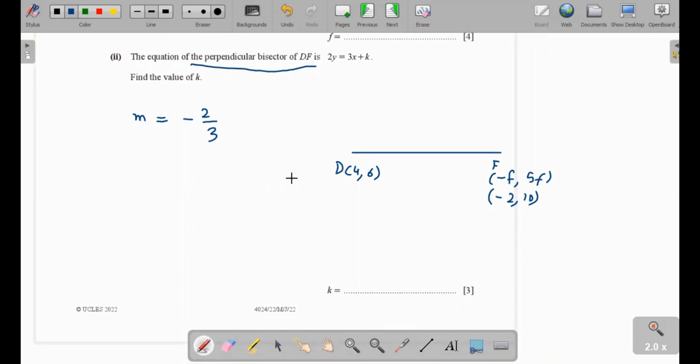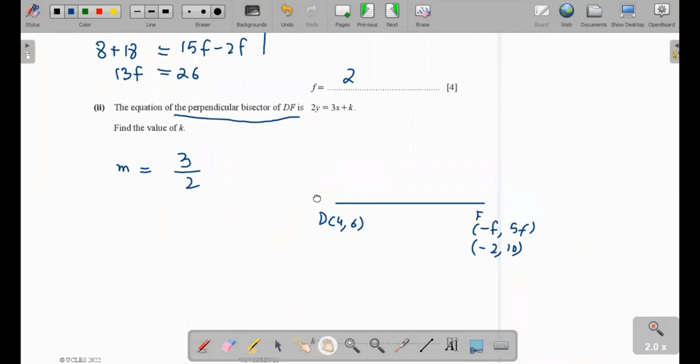The gradient of the perpendicular bisector of line DF is 3 over 2. We have to find the equation of the perpendicular bisector of line DF.